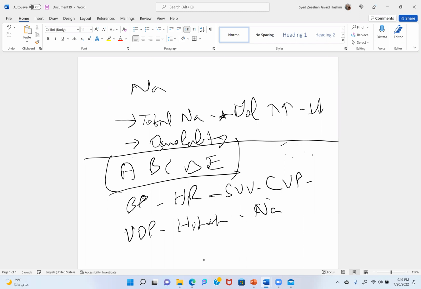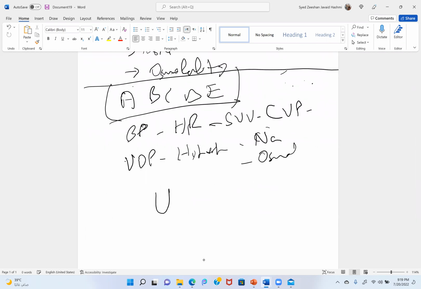You will see the serum sodium, then the osmolality. You will usually compare urine osmolality versus plasma osmolality. Then the clinical picture and clinical history will tell you a lot. So that is how we go.